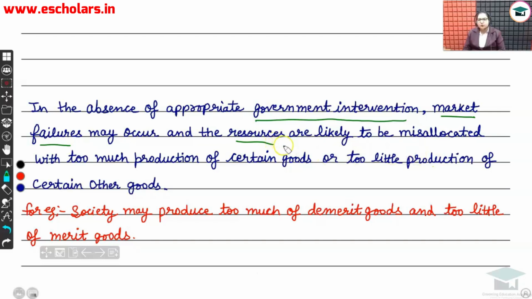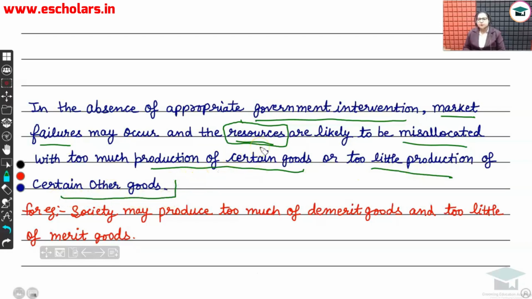There is no misallocation of resources, that is, the resources should not be allocated in such a way that will lead to production of certain goods in large quantities, whereas other goods are produced in very small quantities, okay?